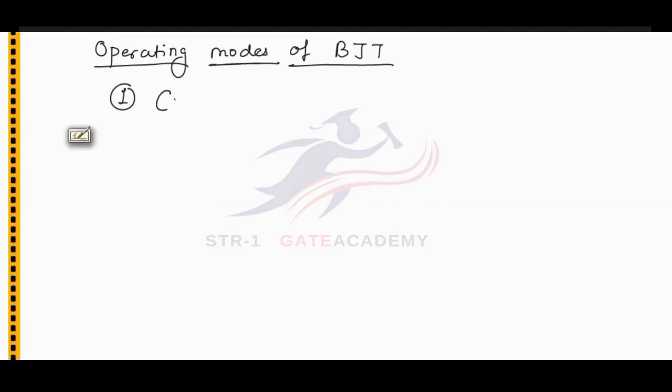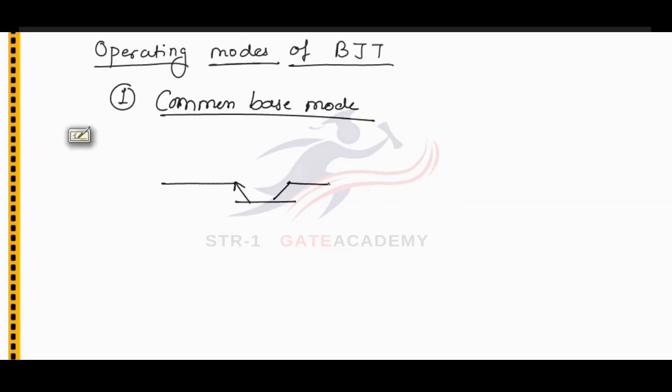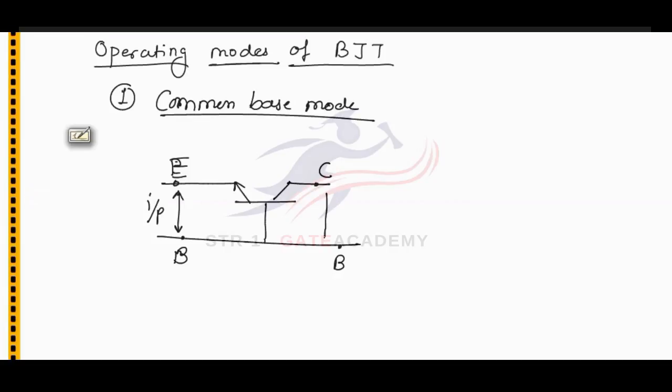First mode we will discuss is common base mode. In common base mode, the input to the BJT is given at the emitter terminal and output is taken at the collector terminal, and base terminal is kept common between input and output. Here input signal is applied and here the amplified version will be taken. So input will be amplified and amplified version can be collected at the collector terminal.